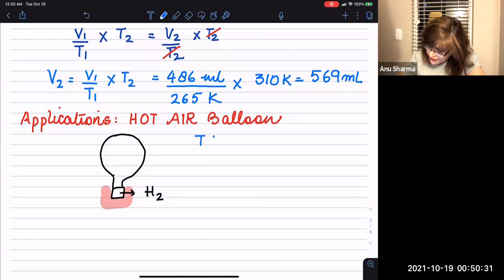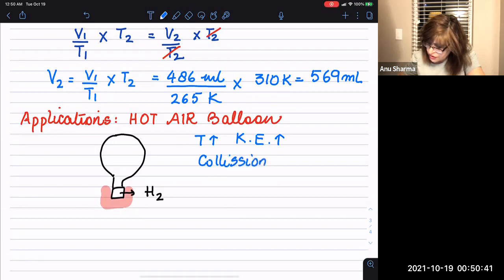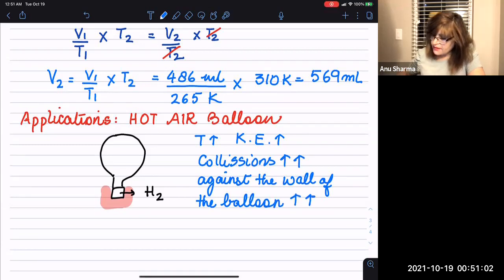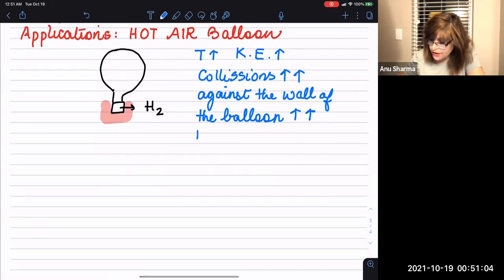So when the temperature increases, kinetic energy in the molecules increases, and collisions among themselves and against the wall of the container increase. So collisions against the wall of the balloon increase, and the balloon begins to inflate.